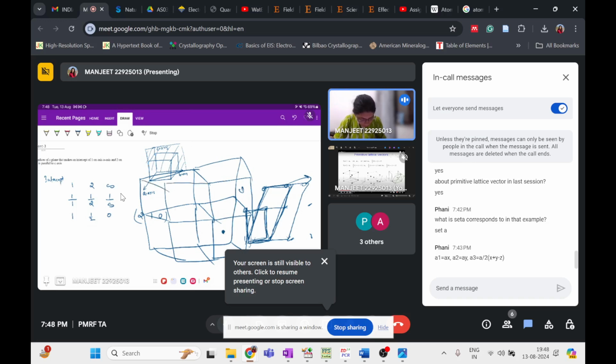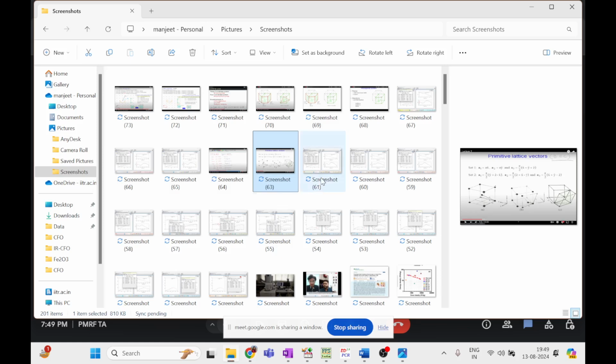Now if I'm considering this as a lattice, or let's say they have considered this as a direction, I guess. If I'm considering this one, another one is this, and this.